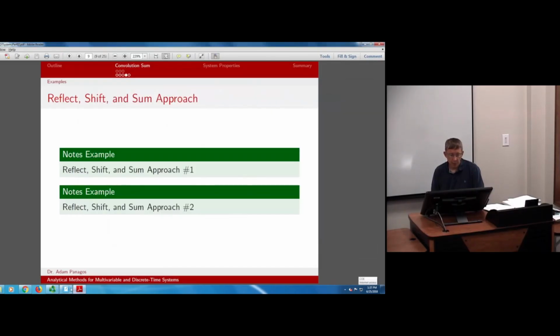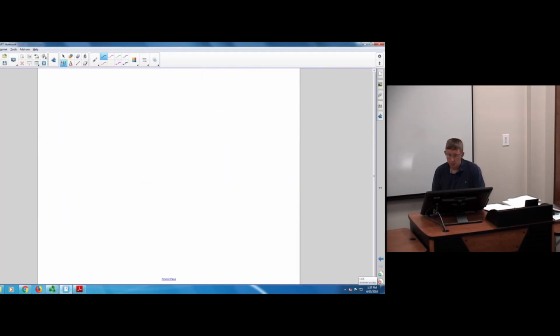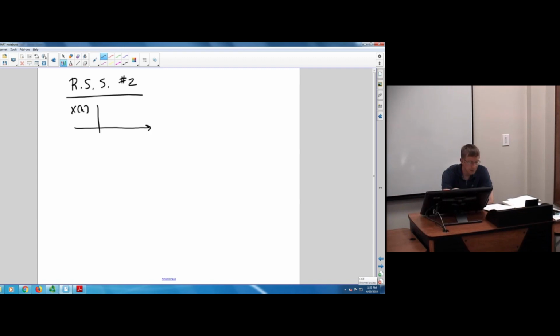Reflect, shift, and sum approach number 2. So reflect, shift, sum, 2. Here are the signals that we'll work with. X of k, I tell you, looks like this.